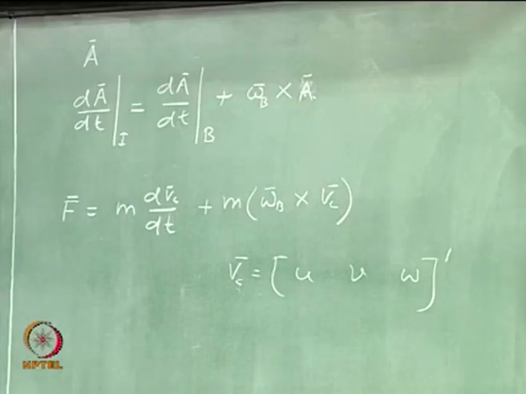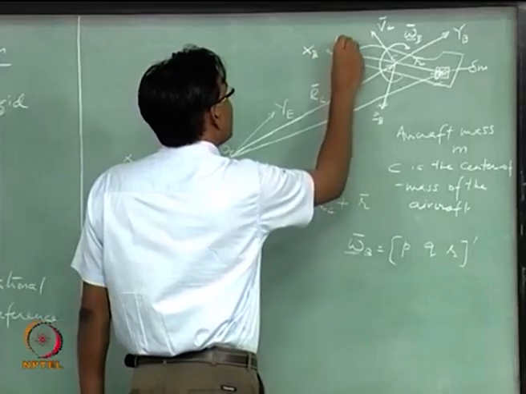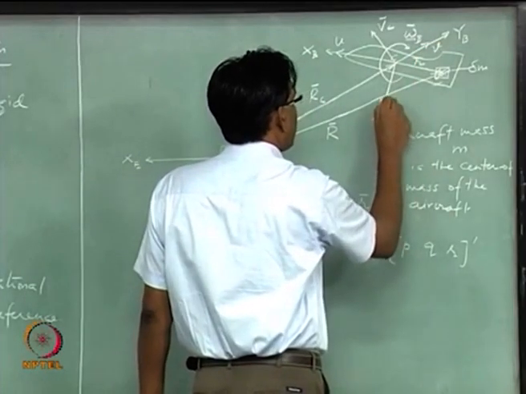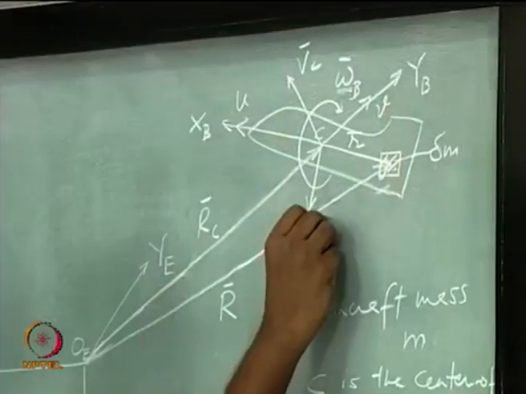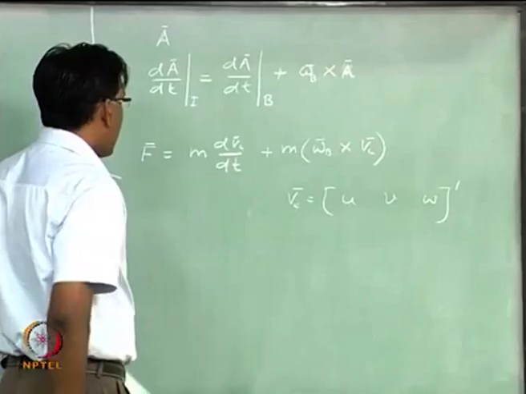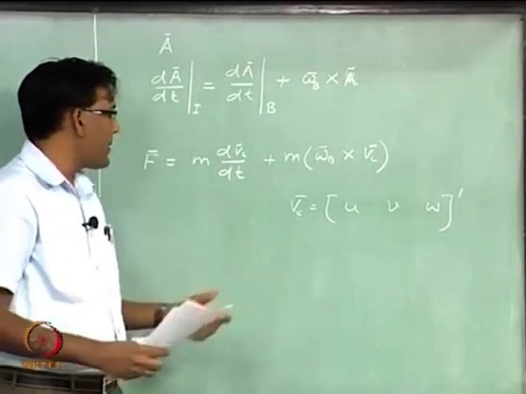So, aircraft is having velocity components along its axis, u, v and w, right. So, now I am ready to expand this. Okay.